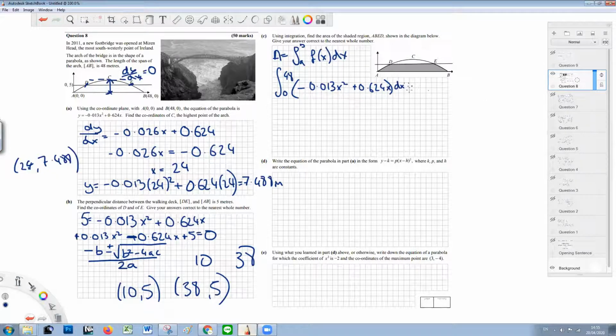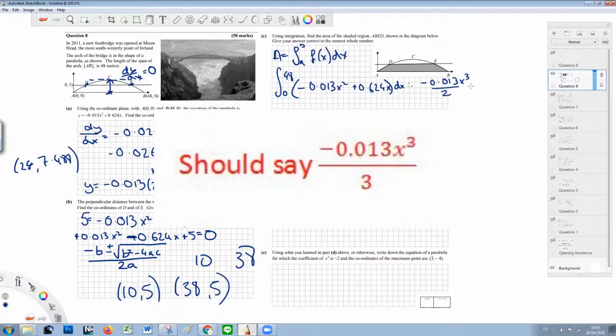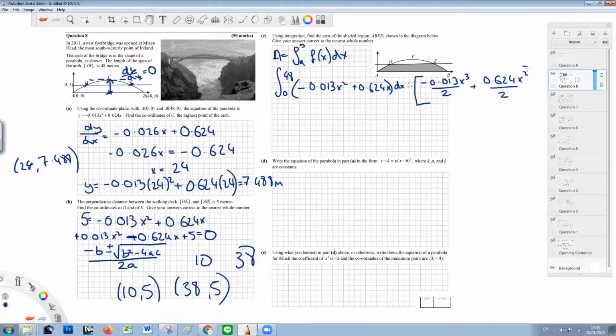So that is going to become minus 0.013x cubed over 3 plus 0.624x squared over 2, between 48 and 0. So the area of that is going to end up being 239. So you just sub in the values for x, close enough to that, meters squared.